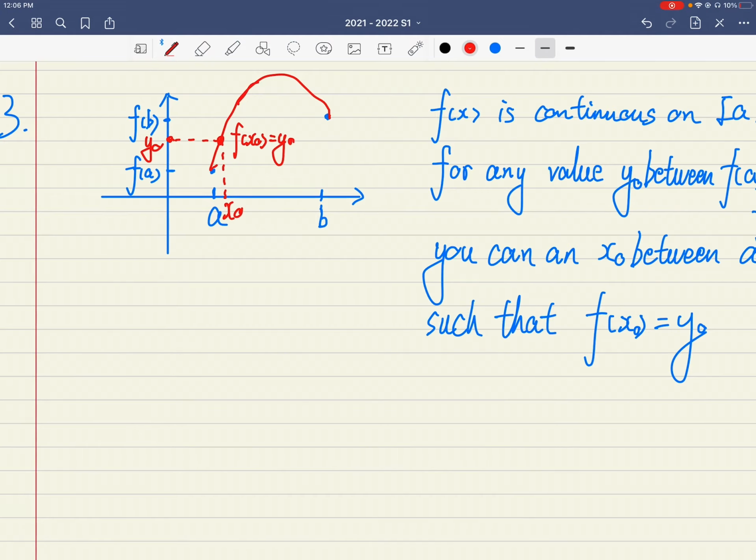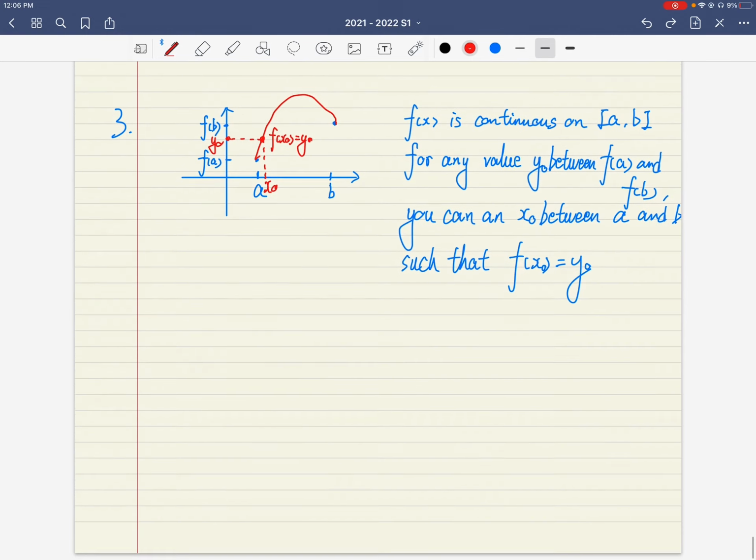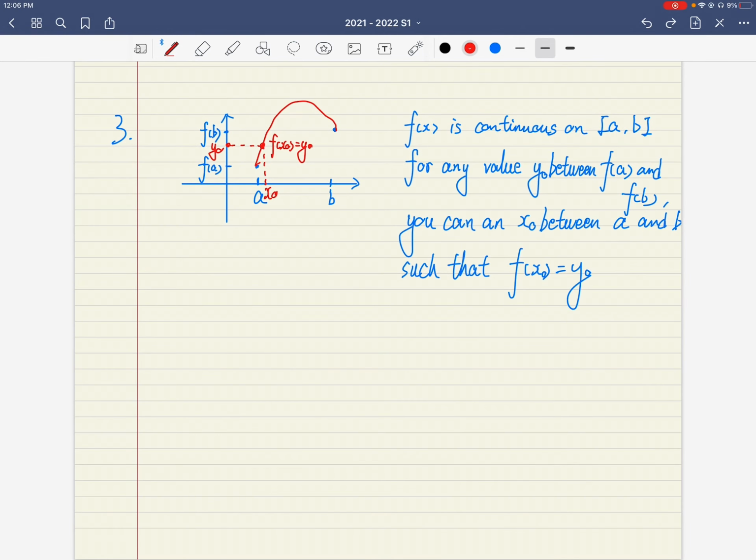Maybe sometimes there are two points, if the function looks like this. It's also fine. But the thing is, you can find at least one point. It could be more than one, but there's at least one. I hope this gives you some intuition of what this theorem is talking about.